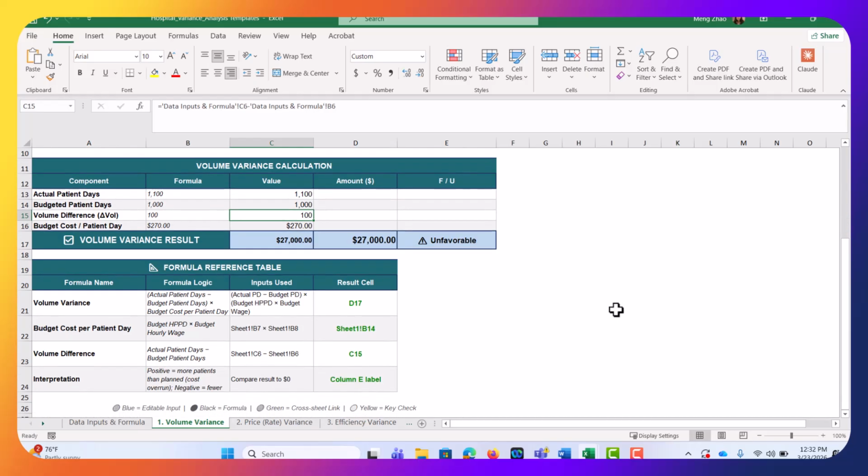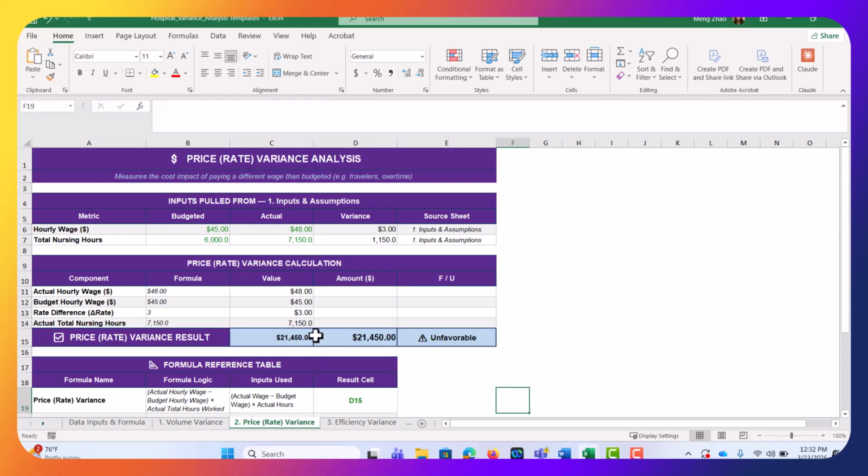And then we can look at the price or rate variance. This measures the impact of paying more or less per hour than planned. So we multiply the wage difference by actual hours worked.